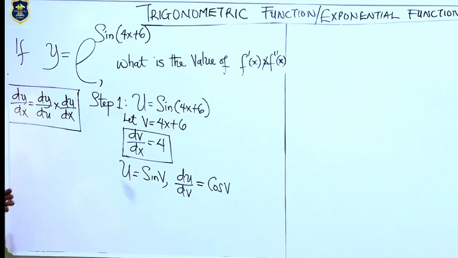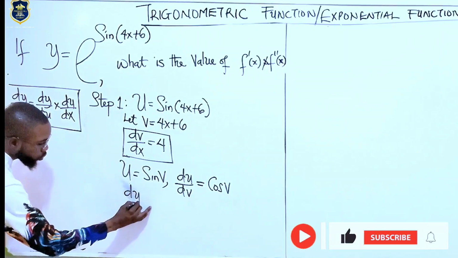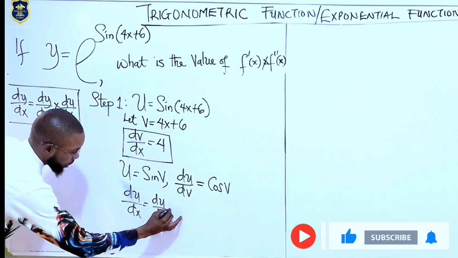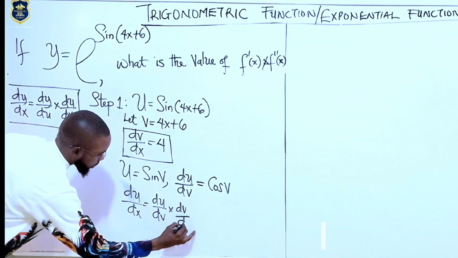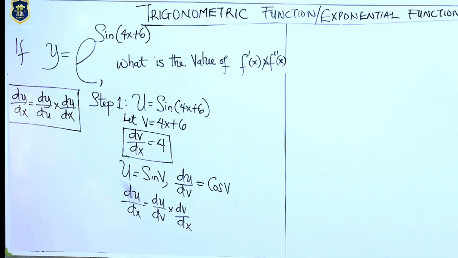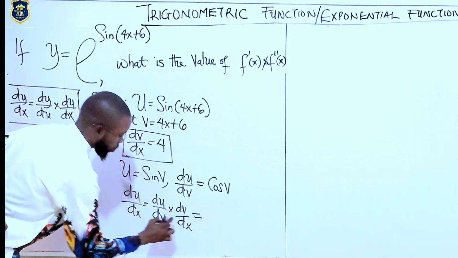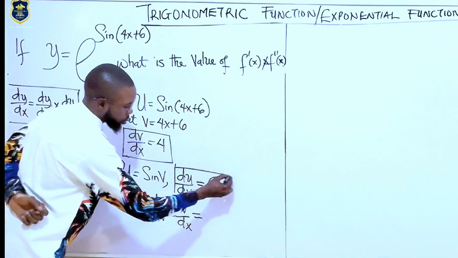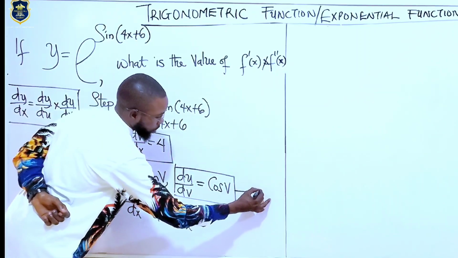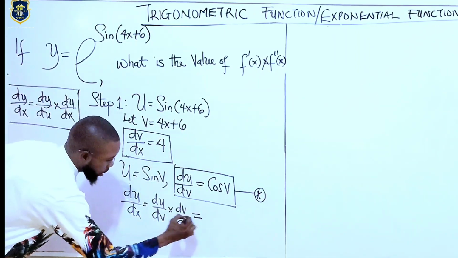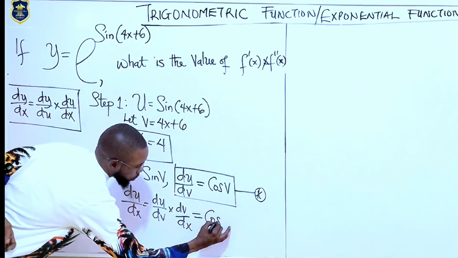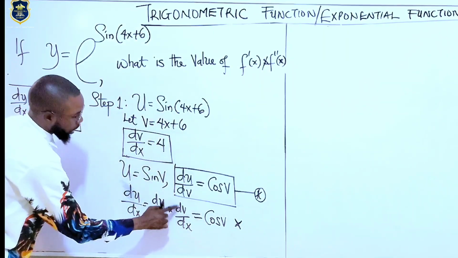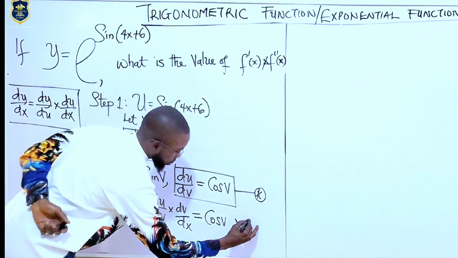du over dx is du over dv times dv over dx. So what's du over dv? It is cos v. That's cos v times our dv over dx, which is 4.